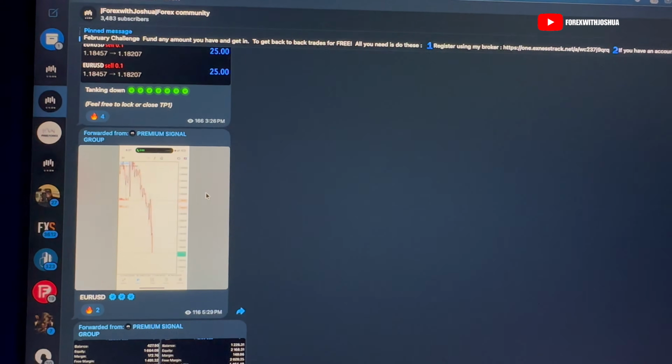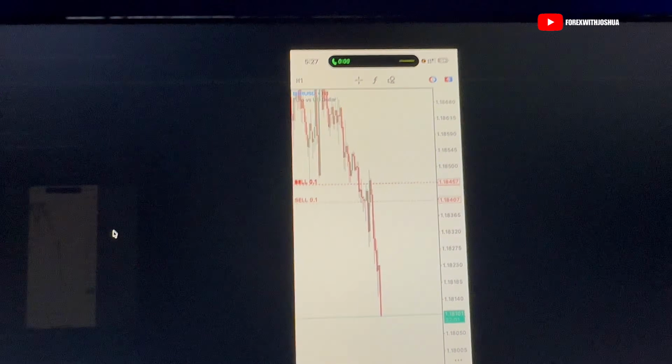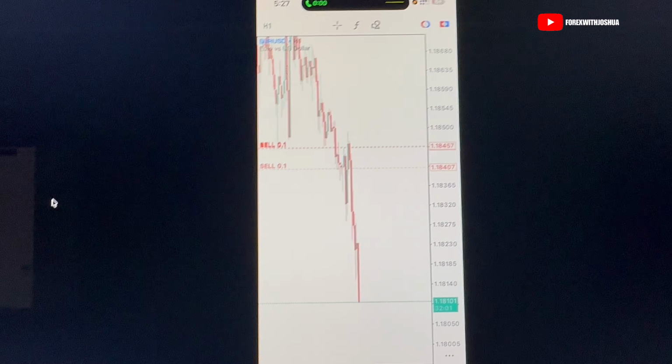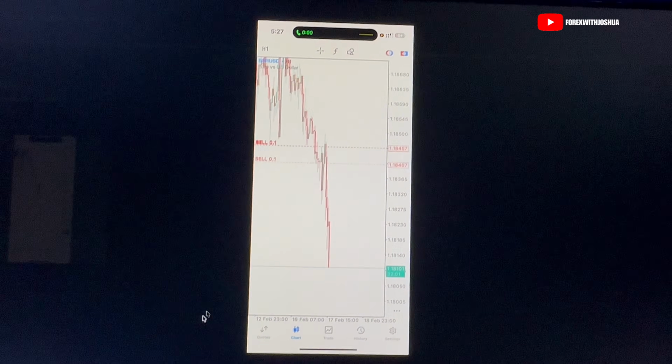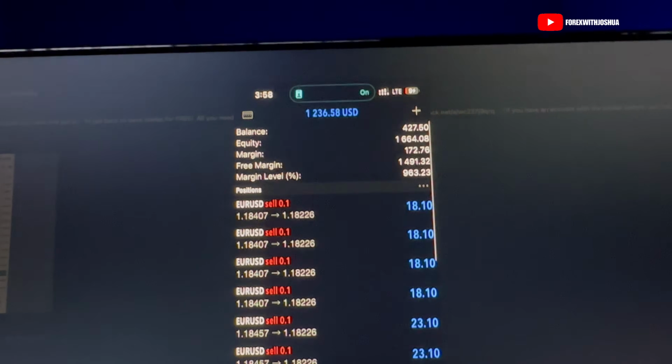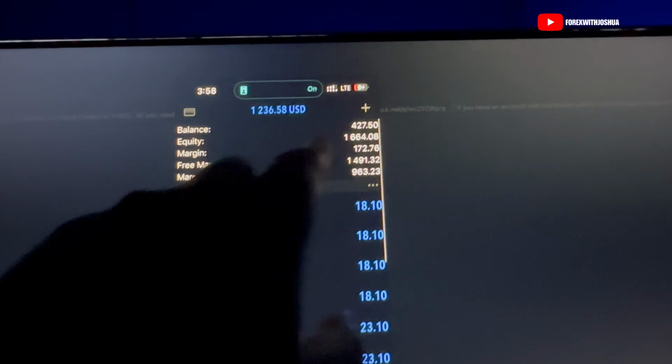We had a very beautiful sell on EURUSD. You can see this beautiful sell here, and I've managed to flip an account of 500. Basically, because I lost I think 25, it dropped to 427.